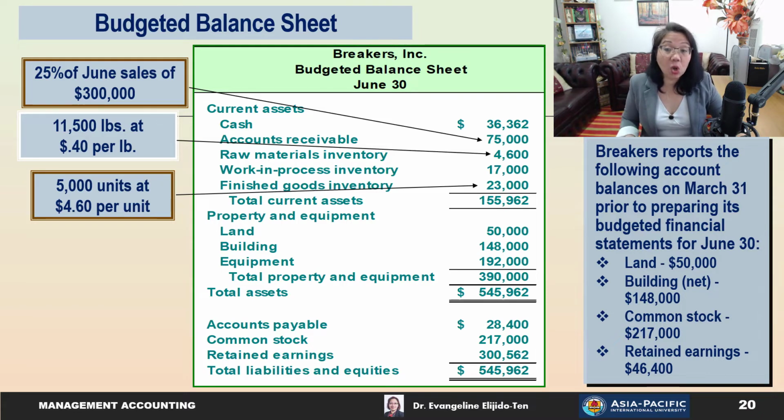$155,962. Recall that your raw materials cost 40 cents per pound and there were 11,500 pounds left in raw materials. The finished goods inventory cost $4.60 per unit and there were 5,000 units of finished goods left in the inventory.